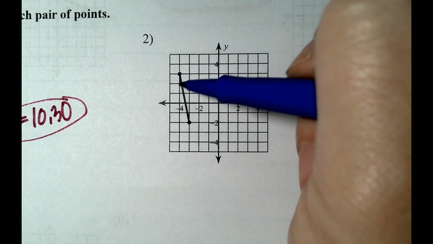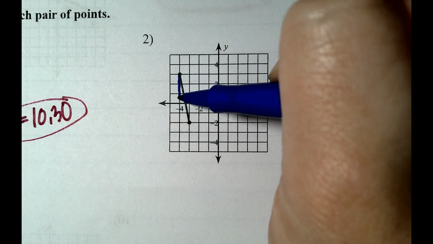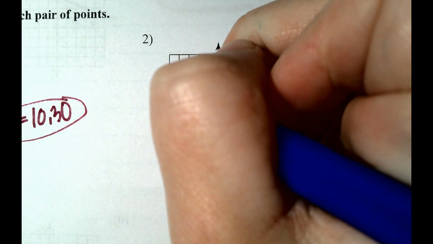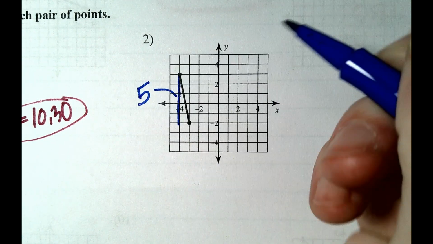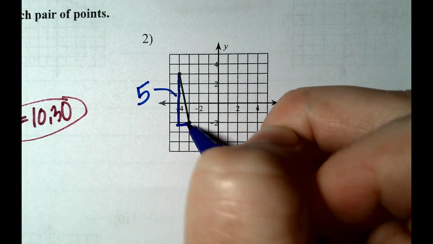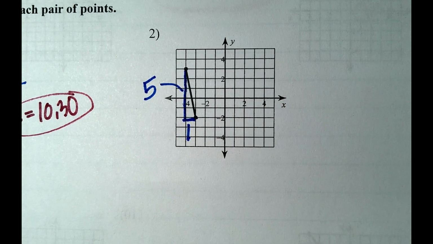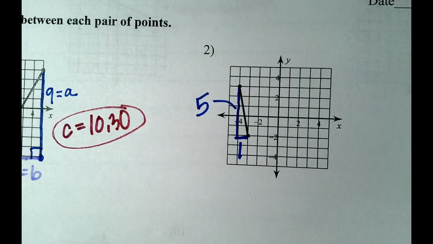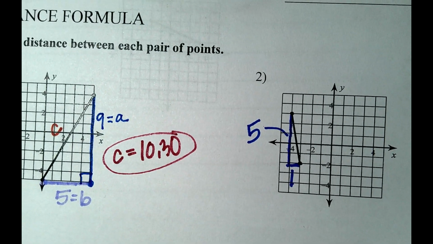Okay, so let's see. What are our side lengths? We have 1, 2, 3, 4, 5. And then that's just one unit. 5 and 1. So I'm gonna pull this to the side, and I'm gonna write my values here.